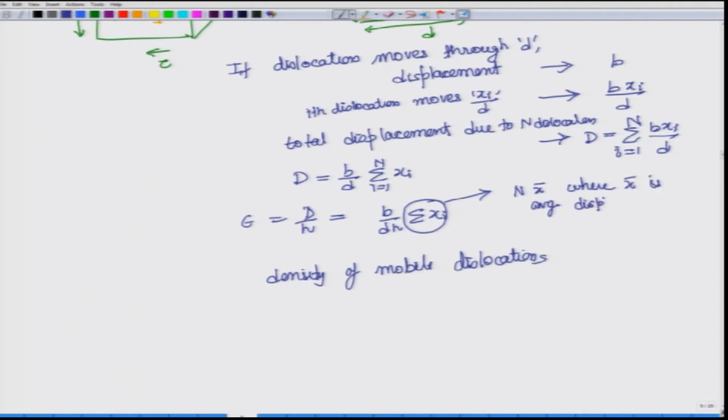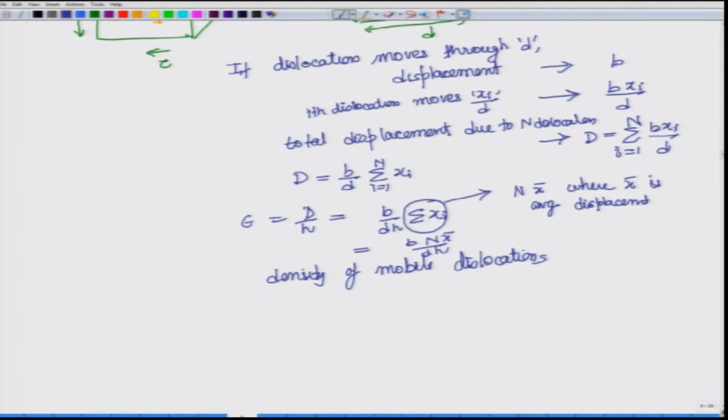If you know the average displacement of the dislocations, we can find an approximate value of summation xi. Summation xi would be equal to n times x bar. This is simple statistics. So, if we write it in these terms, we get b n x bar by dh.